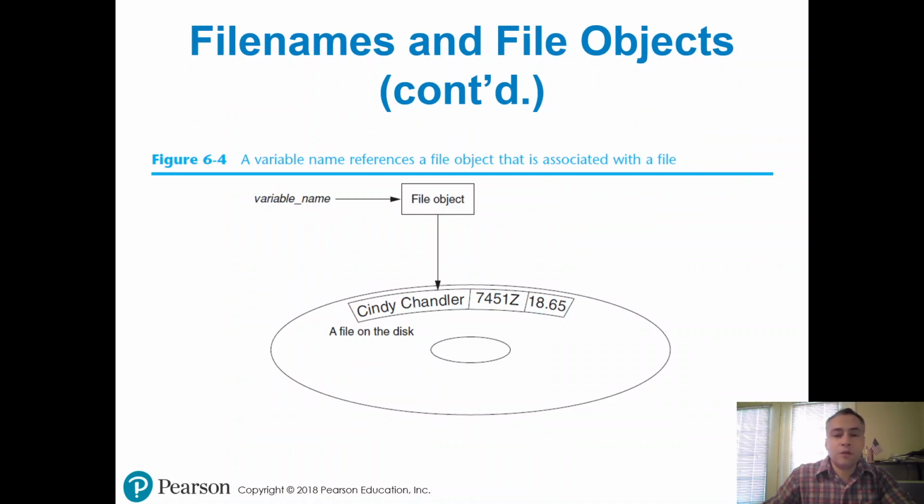So in general, we will see that there is a variable name which will be assigned to the created file object, and the file object will provide a way for us to append, read, or write to a file or from a file.